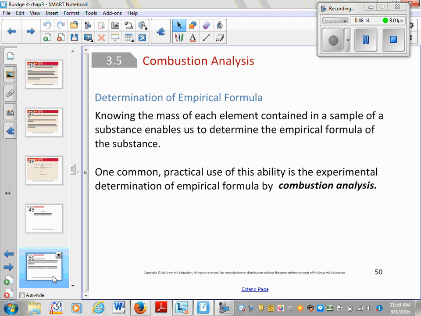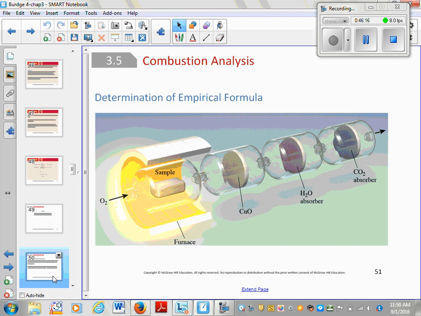And there's a little diagram right there. You have this instrument and you flush oxygen through it, and you have a sample in a furnace, and you burn the sample, and it sweeps all the byproducts through this instrument. And you have some material there that absorbs water, and you have material there that absorbs carbon dioxide.